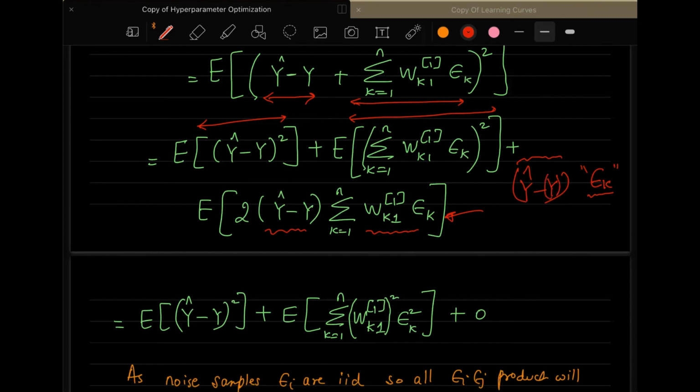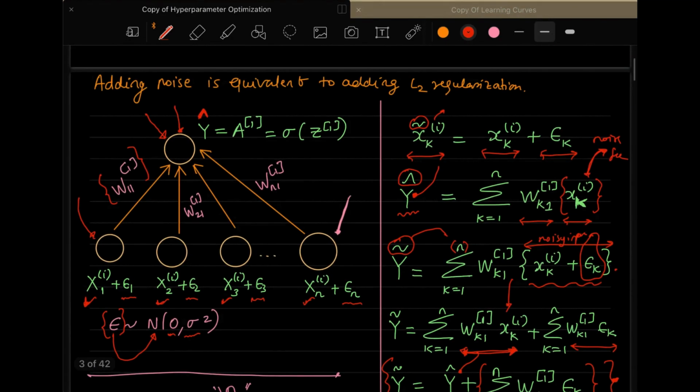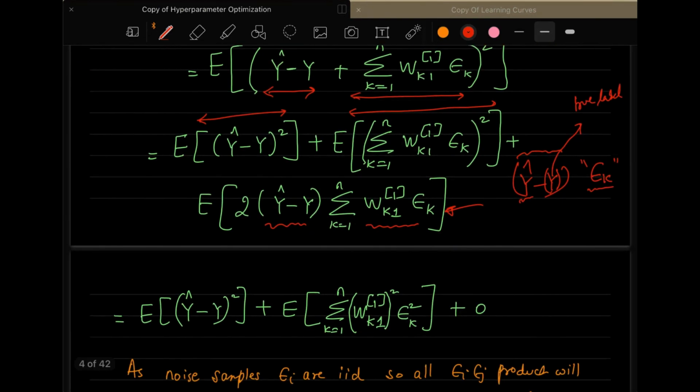Because y is the true label, and if you see the expression of y hat, there is no epsilon naught, no random variable, in it. So the combination y hat minus y is completely independent of epsilon naught k. When they are independent of each other, there is no correlation between the two, so this term will become 0.